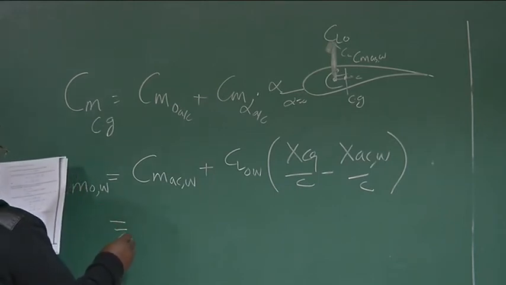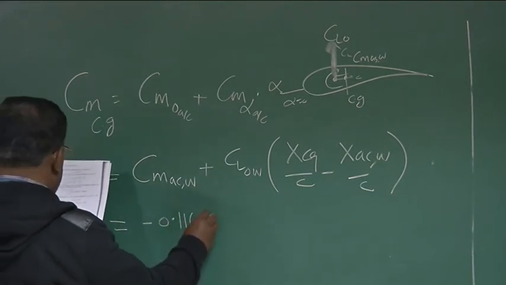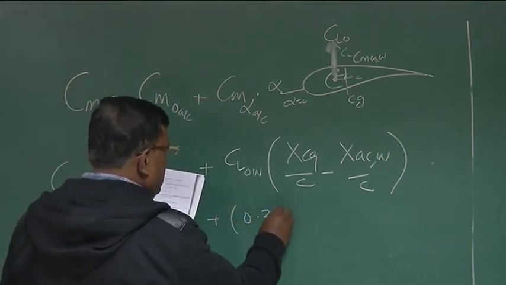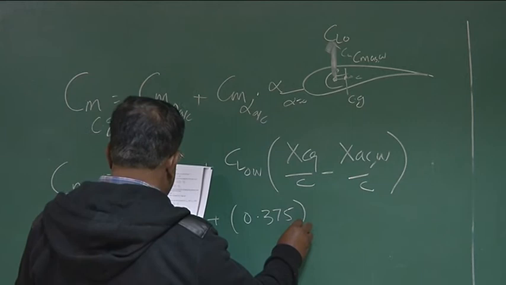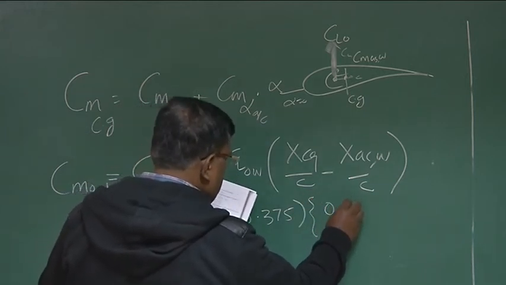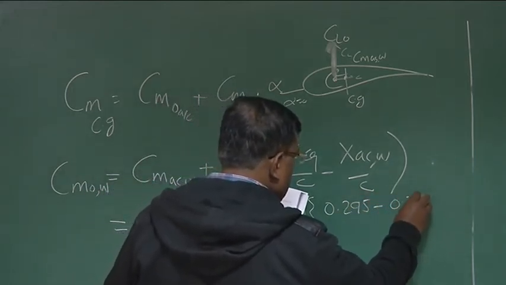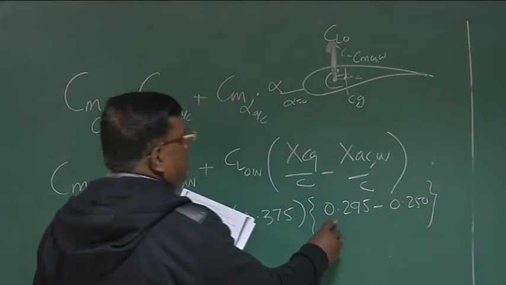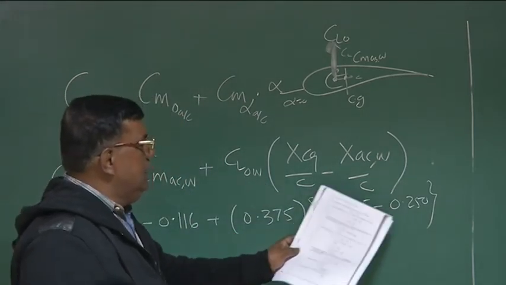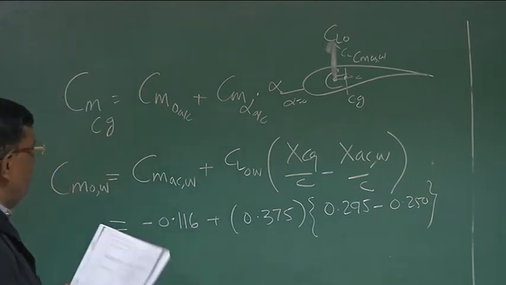I put the number which you already know, minus 0.116 plus 0.375 into 0.295 minus 0.250, which is nothing but this is XCG and this is XAC wing. If I do this, I can get CM naught wing.